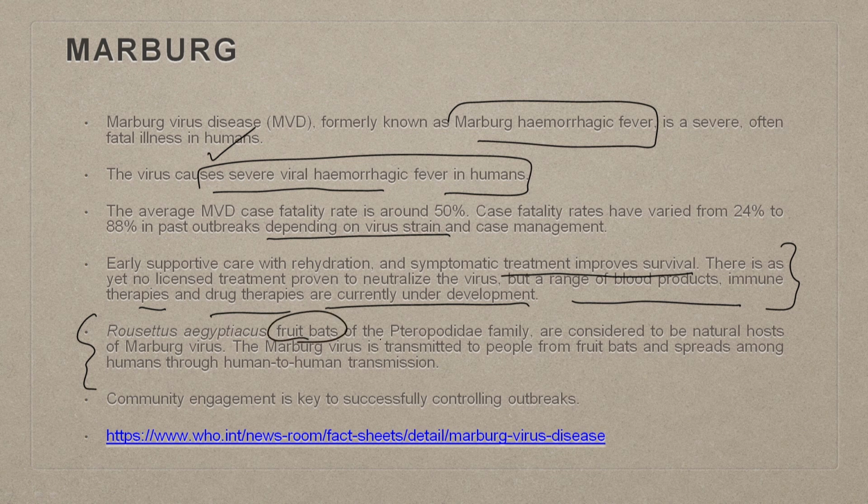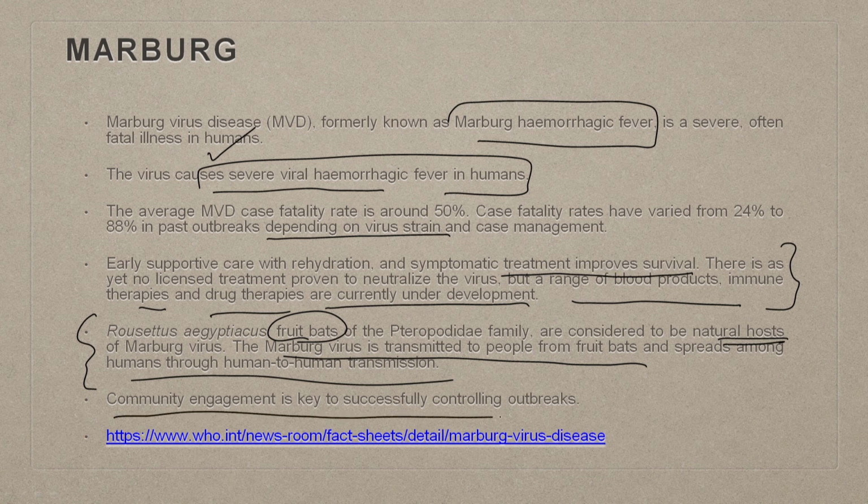The fruit bat is considered to be the natural host of Marburg virus, same as Ebola. The Marburg virus is transmitted to people from the bats and spreads among humans through human to human transmission. Community engagement is the key for successfully controlling the outbreaks.